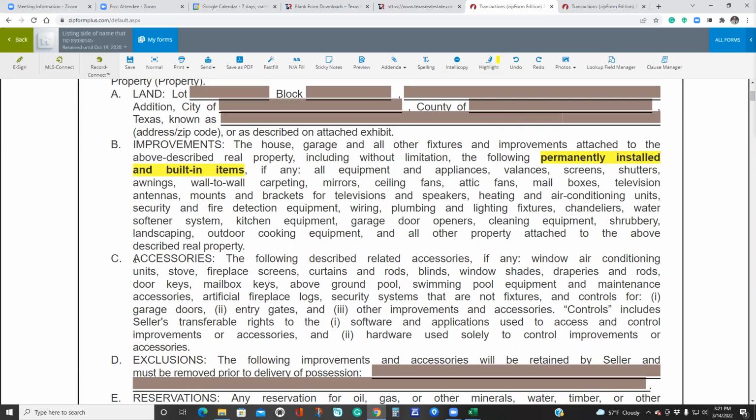But then we also have accessories. And we want to become familiar with those, because we can talk all day long about them. But if we don't ask the right questions, we may not get where we need to be with it.